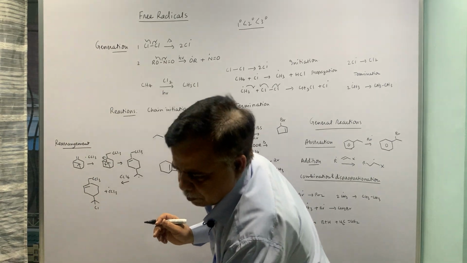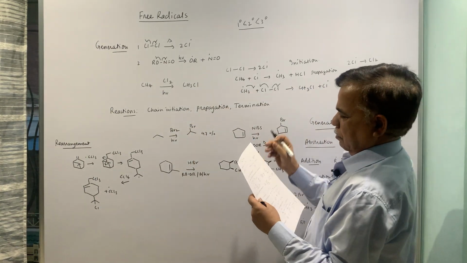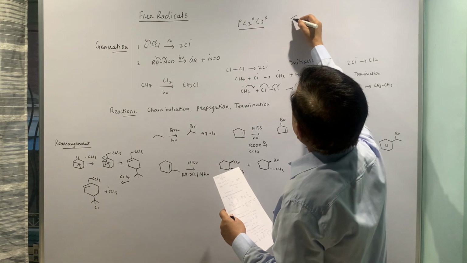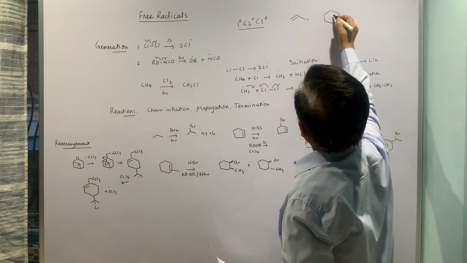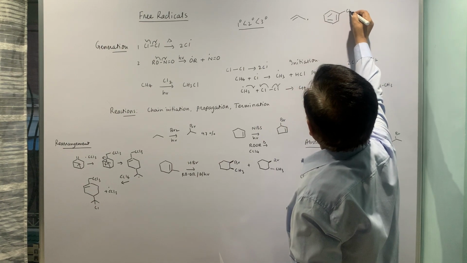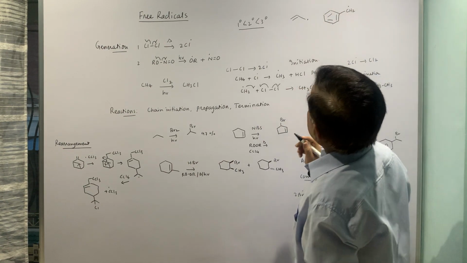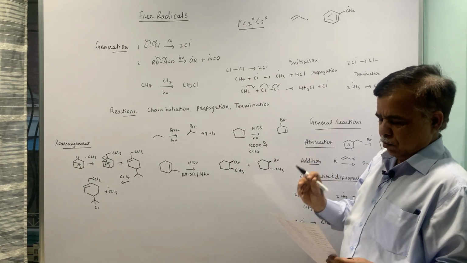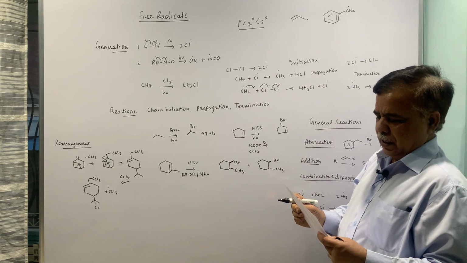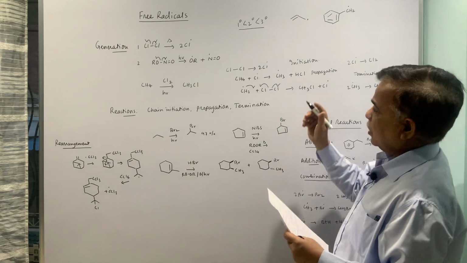Another stabilization is by the virtue of resonance. So resonance stabilized radicals are known, say this benzyl radical, allyl radical, these are more stable because they enjoy the resonance stabilization.